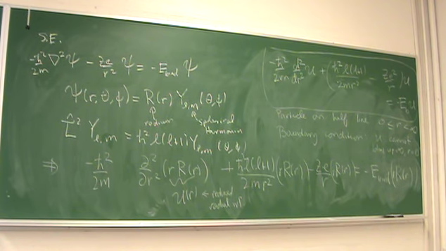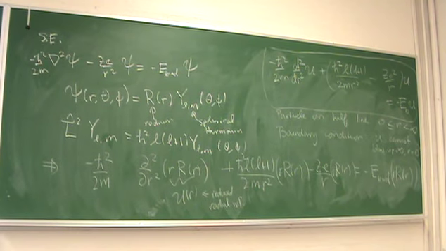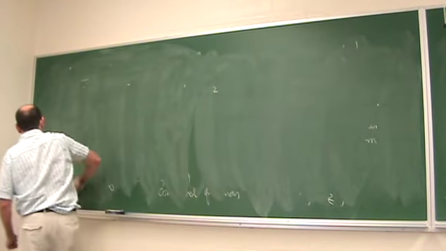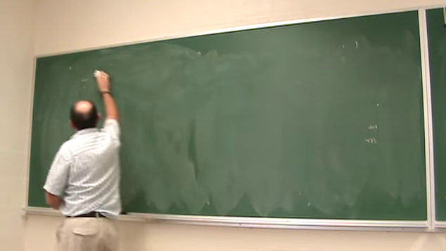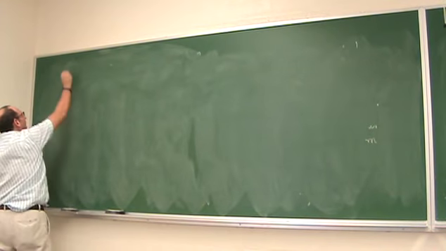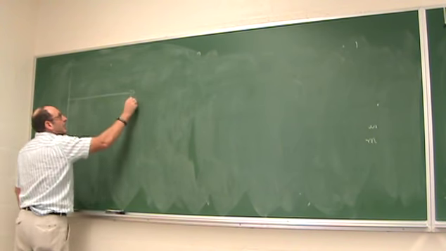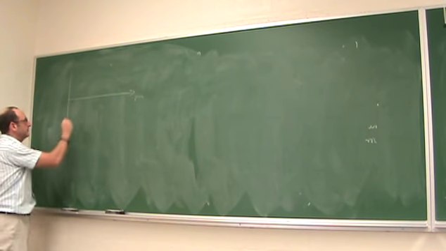Okay, so the last picture I'll draw here, what we're solving, is the usual problem you know from classical mechanics of a central force. We have the Coulomb potential, it goes like 1 over r.